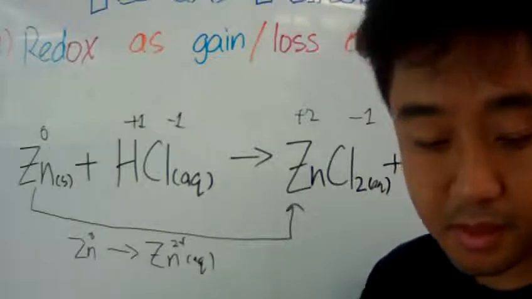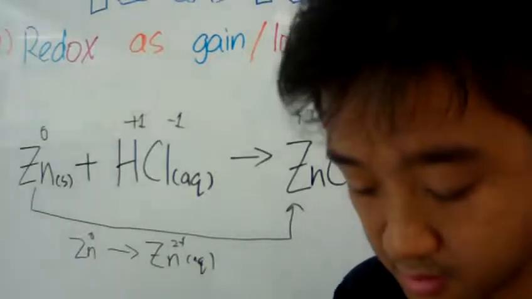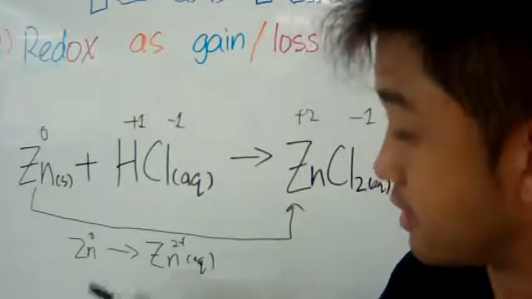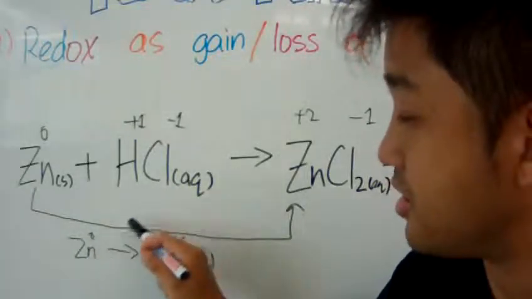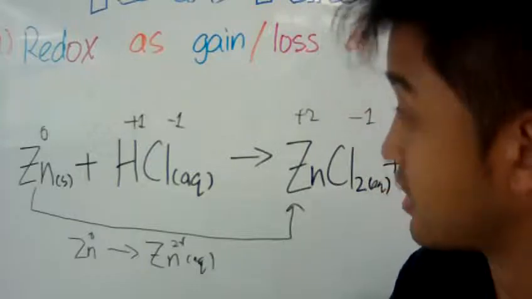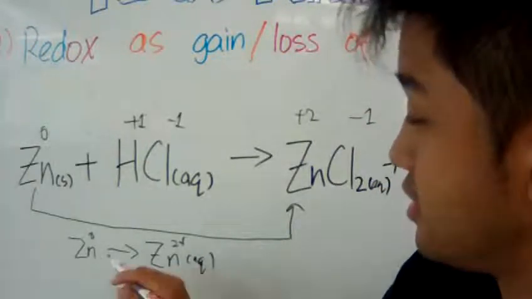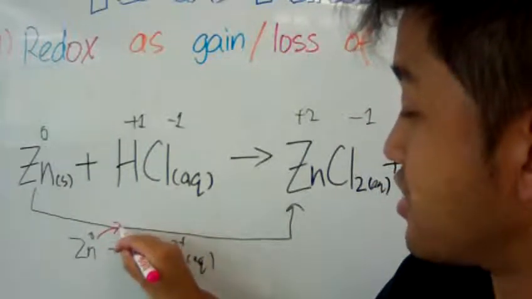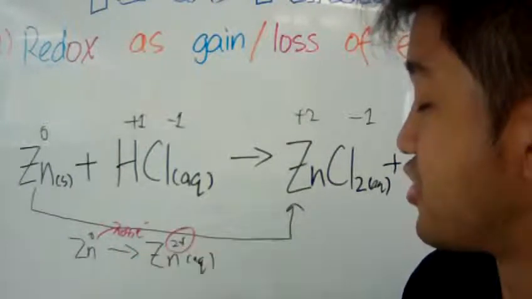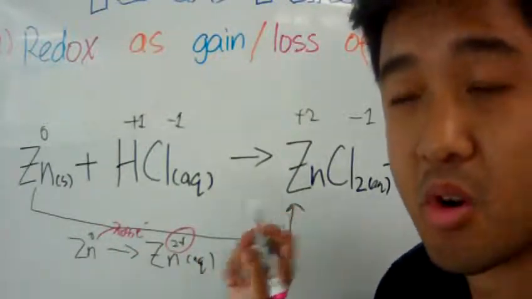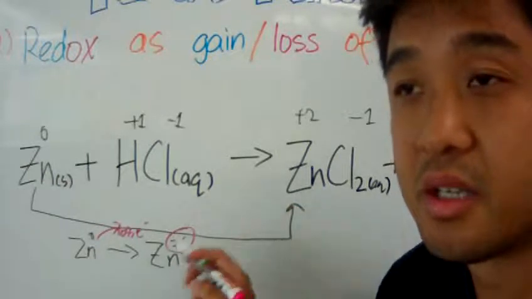Well, zinc has lost its electrons, right? That's why it has a 2+ charge, because there are more protons than there are electrons.